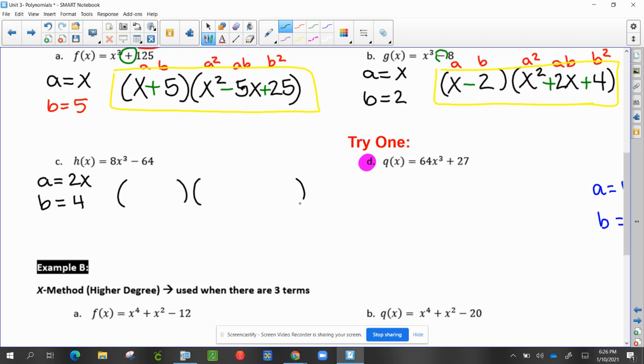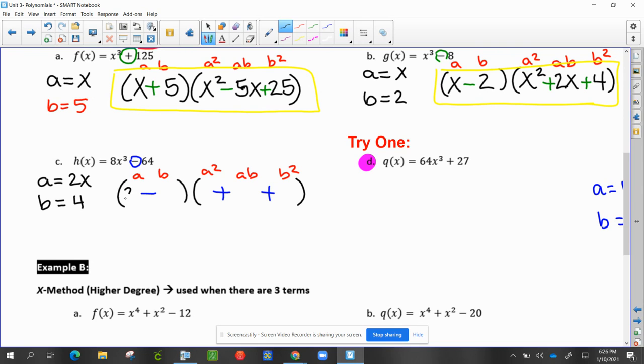Now, this one I might put the sign changes in first because it doesn't really matter when I do it, but my original problem is a minus, so in my parentheses it's going to be the same sign, opposite sign, always positive. Putting in my pattern, it's AB, A squared, A times B, B squared. So here I go. Just got to put in my numbers.